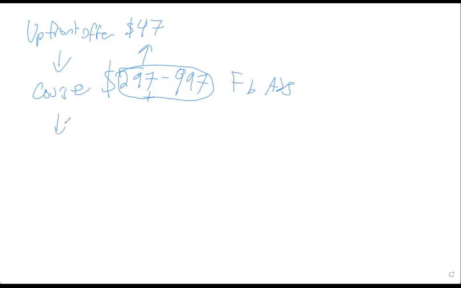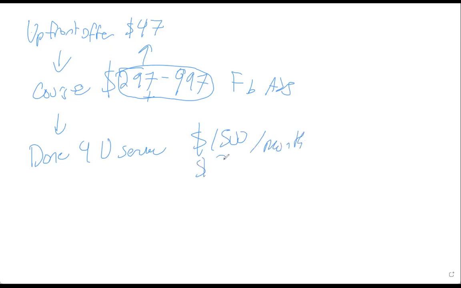Next thing that you want is another service. This is my thing: a done for you service, and my CRM. My done for you service is $1,500 or $350 a month, depending on what exactly you want.